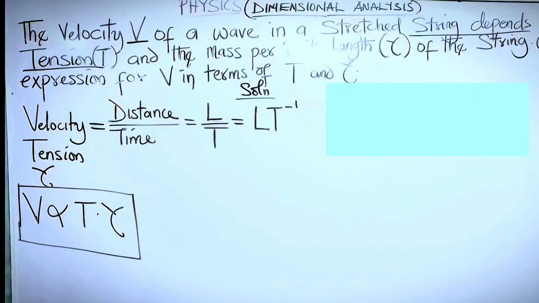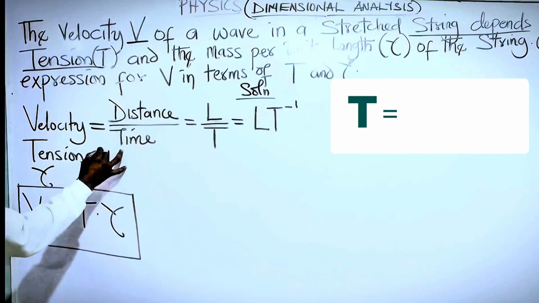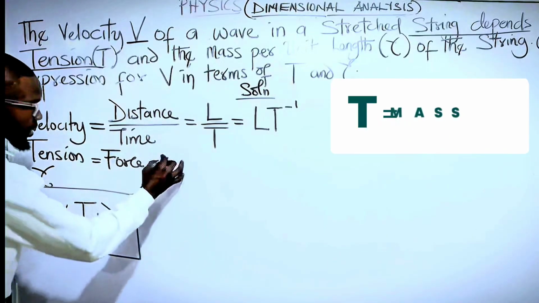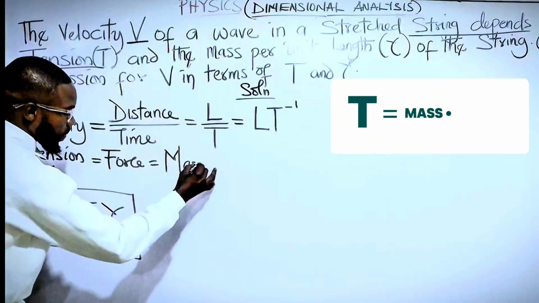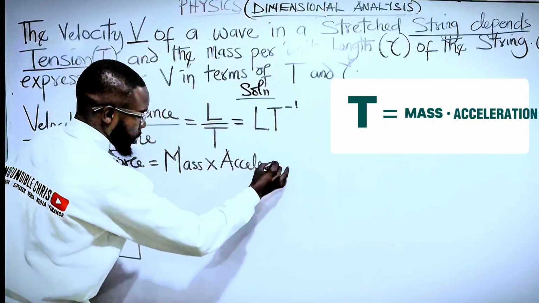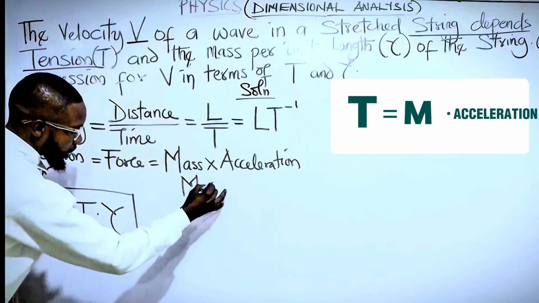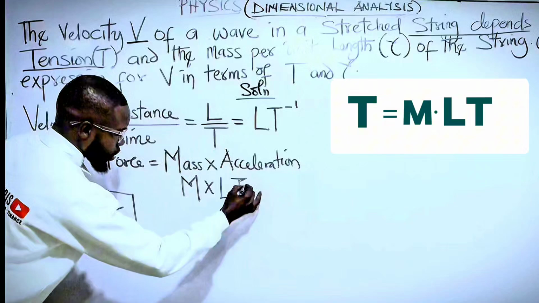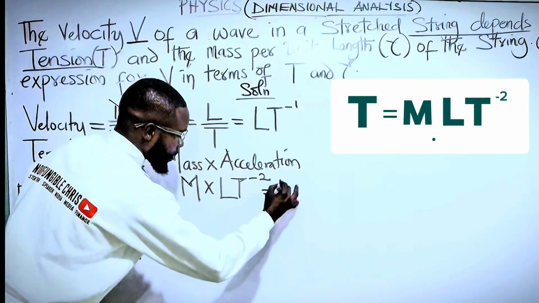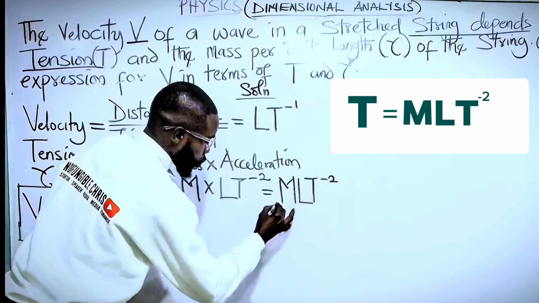That's for velocity. And then tension is a force, right? We have tension, which is a force. And force is nothing more than mass times acceleration. Alright, I've done this before. The formula for this is m times LT raised to the power -2. So if we combine that, we have mLT raised to the power -2.